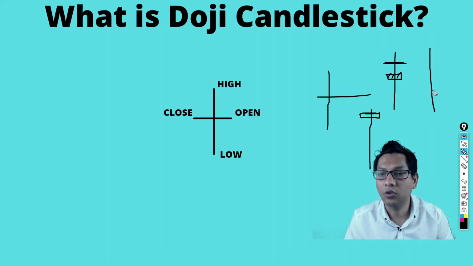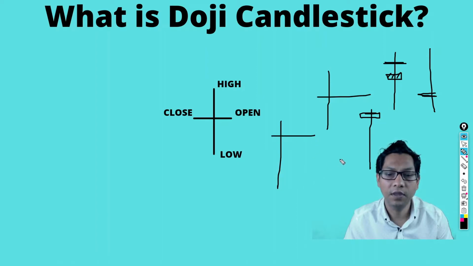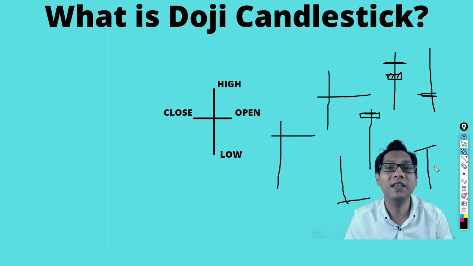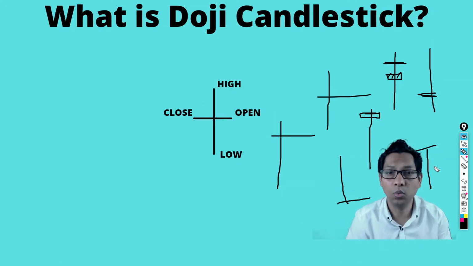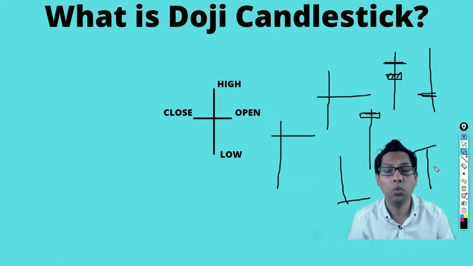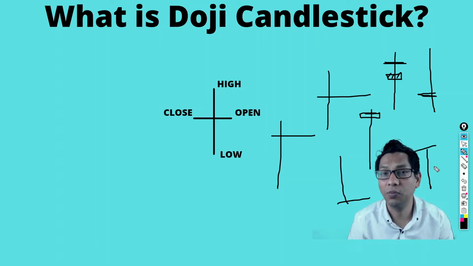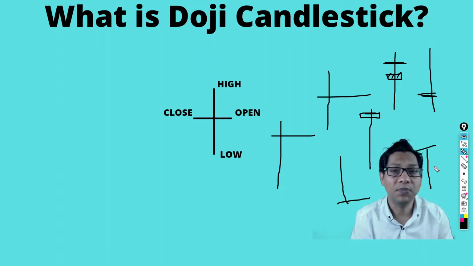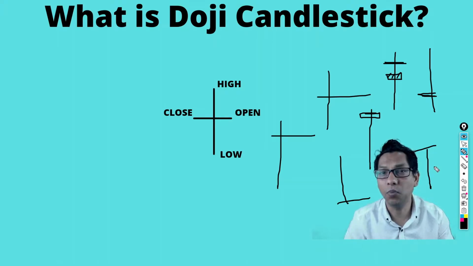It could be like this, it could be somewhere here, or maybe here, or maybe here. So wherever it is forming, the concept is that when the body is narrow and the wick is longer, that is called Doji. Now we'll learn various types of Doji, and after that I will show you on the chart how you can predict the market movement based on this Doji.